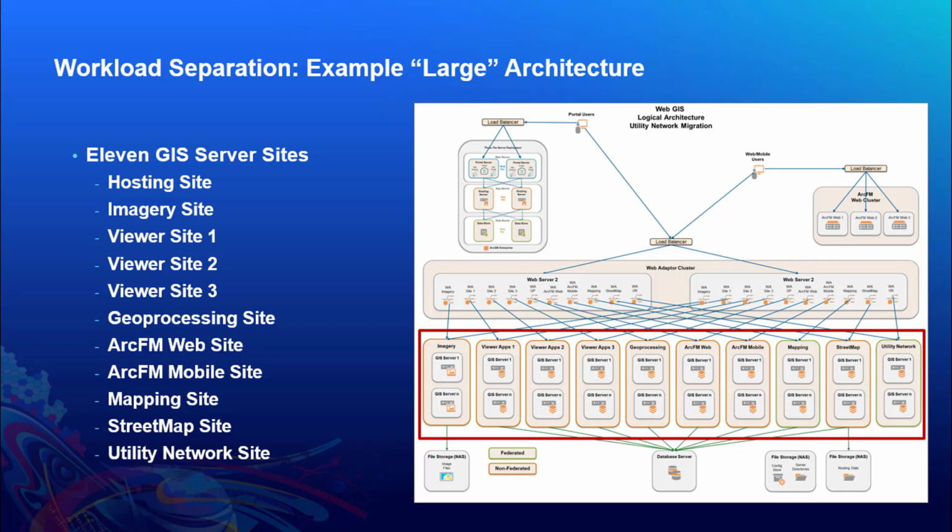In this large example, there are a total of 10 GIS server sites performing various functions in addition to the hosting site, which is part of that base deployment in the upper left corner. So here we have a mix of hosting sites, imagery site, multiple viewer sites, geoprocessing, some third-party application sites, and so on. And so you can start to really see the value of workload separation.